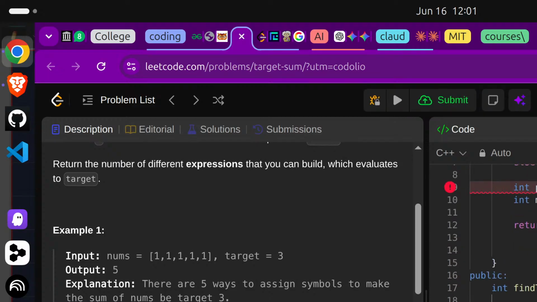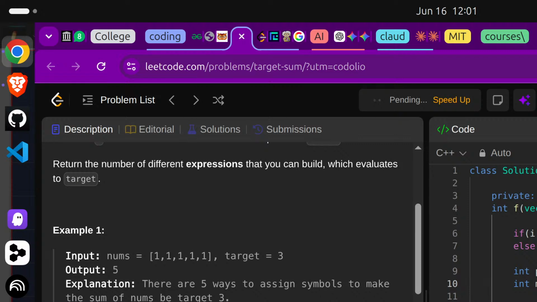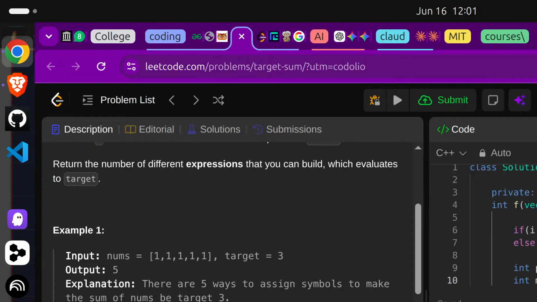No, okay, we can't pass like this. Okay, alright. No, alright.